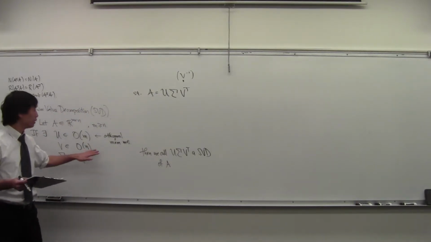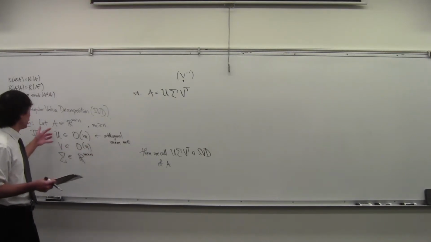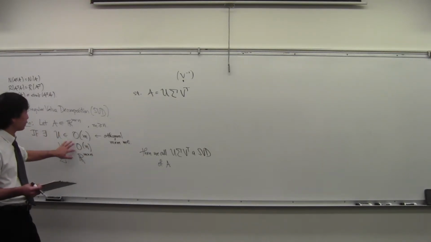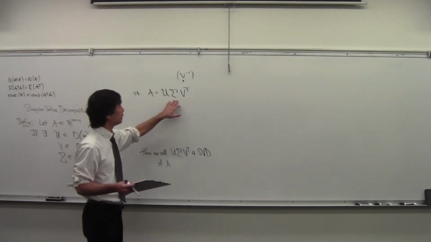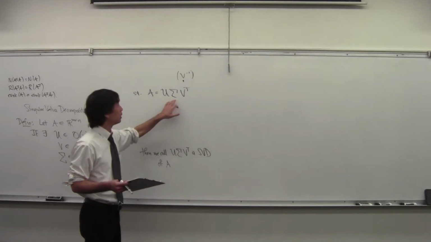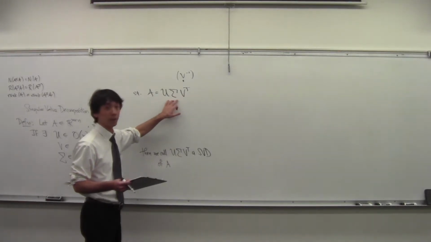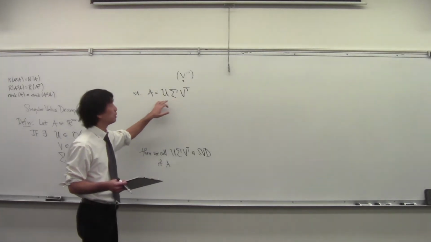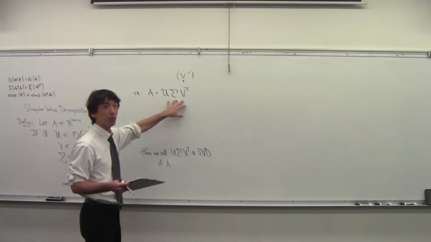First pass through, you've got an orthogonal matrix on the left, and an orthogonal matrix on the right, the inverse of an orthogonal matrix, and then this thing in the middle. So this should sort of look like the spectral theorem.